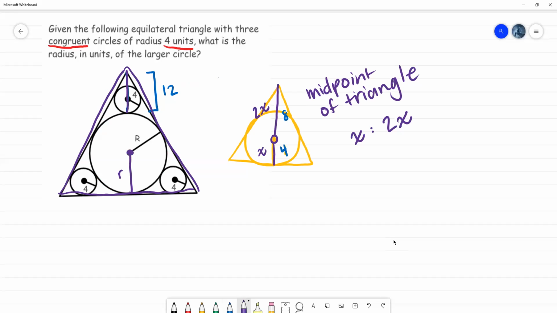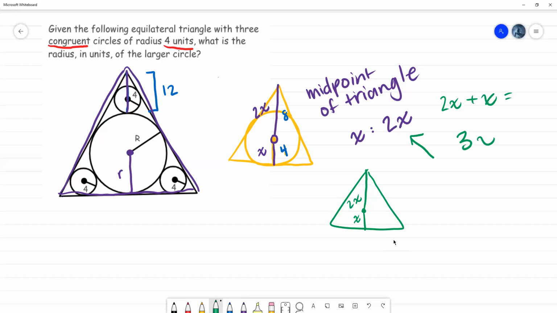And this rule right here, we can also break it down like this. We can also say that our midpoint is x, our whole height of our triangle is 2x plus x, which is also 3x. So now if you look back to our diagram, we know that the top is 12 from what we broke down here.